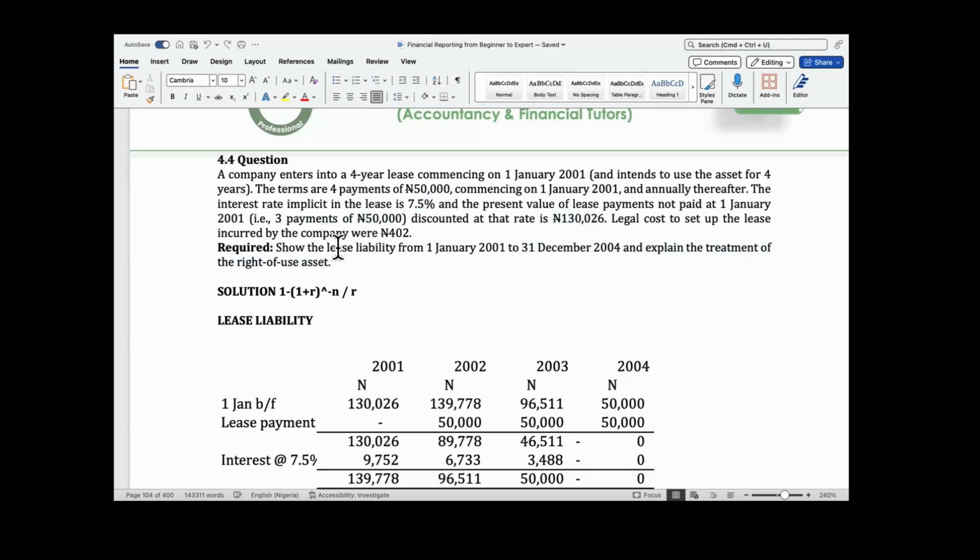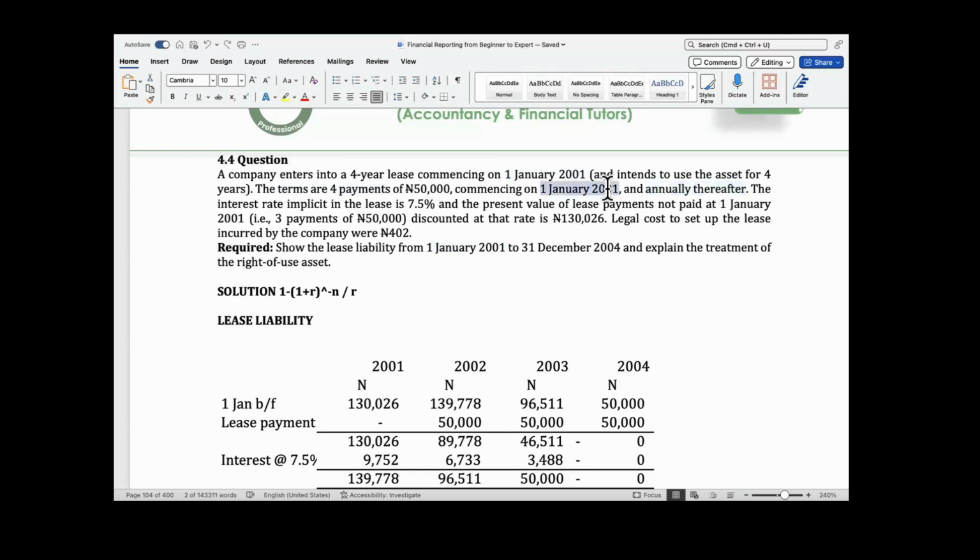It wants us to show the lease liability from 1st January 2001 to 31st December 2004. And they want us to also show the treatment of the right of use asset. So this is a 4-year lease and it's commencing at the beginning of 2001. So we want to use the asset for 4 years. The lessee is expected to pay 50,000 per annum for 4 years, but this payment in this case is going to commence on 1st January 2001 and annually thereafter.